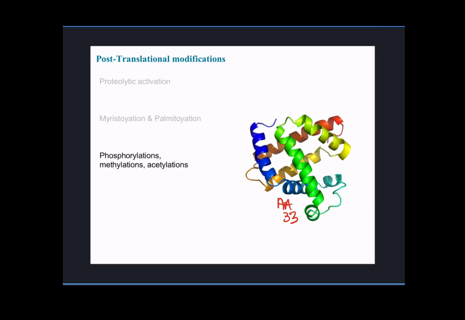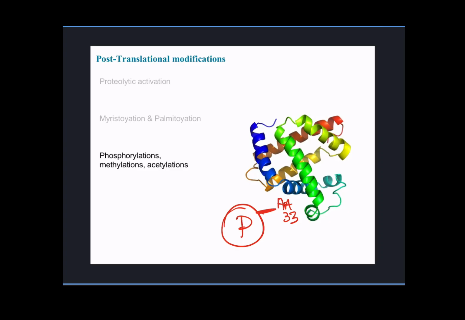The point is that some amino acids have certain chemical features that make them modifiable chemically by these chemical groups that get attached to them. So let's say a phosphorylation, like we were discussing before. Now a phosphate group is attached to that amino acid 33.